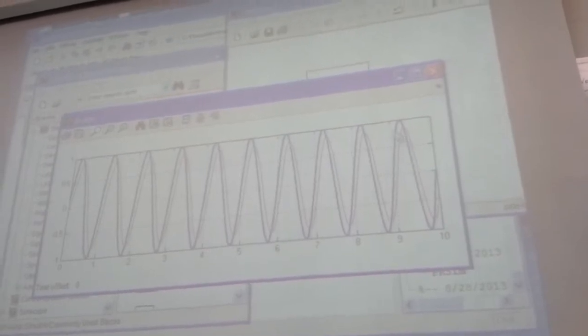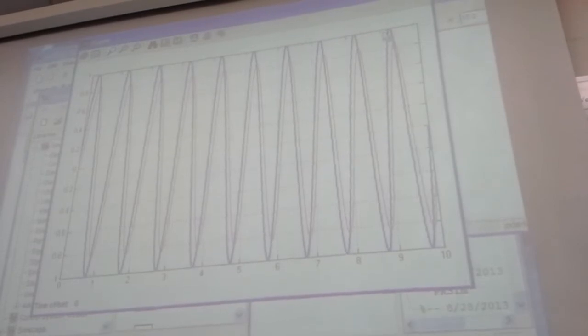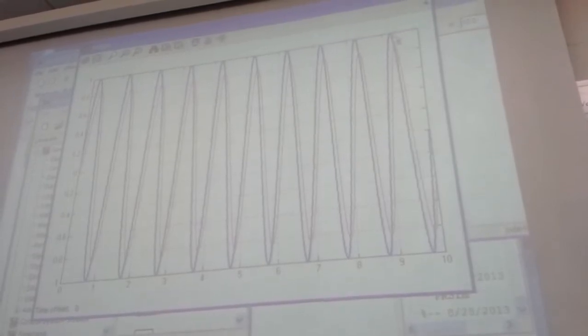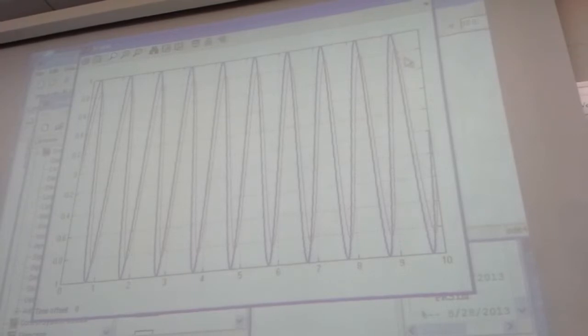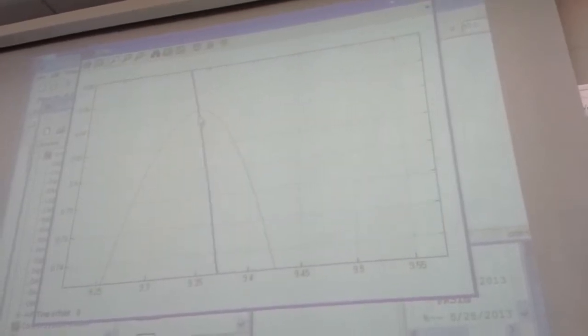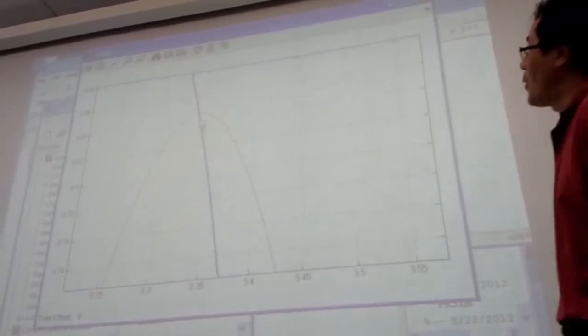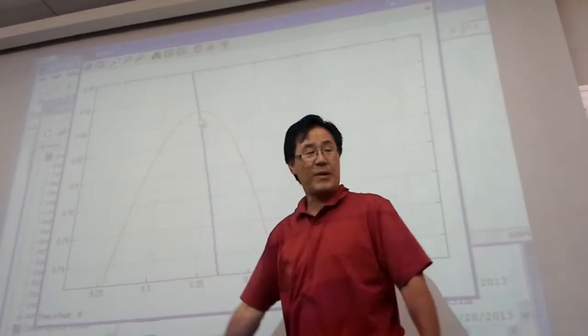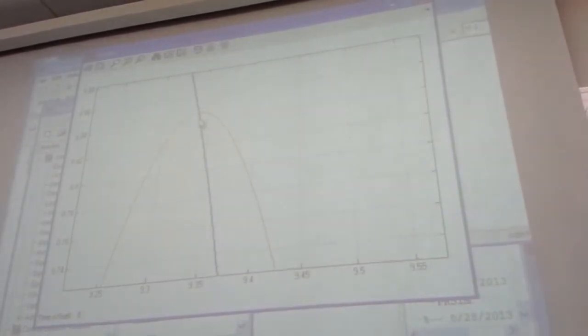If you look here, the output magnitude is about 0.87, probably, something like that.